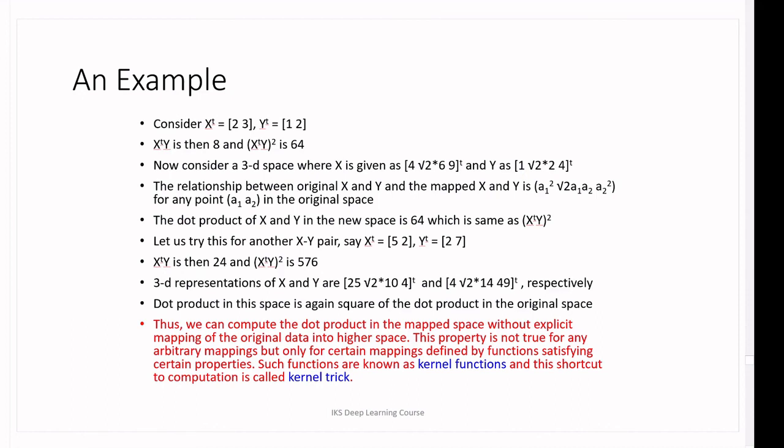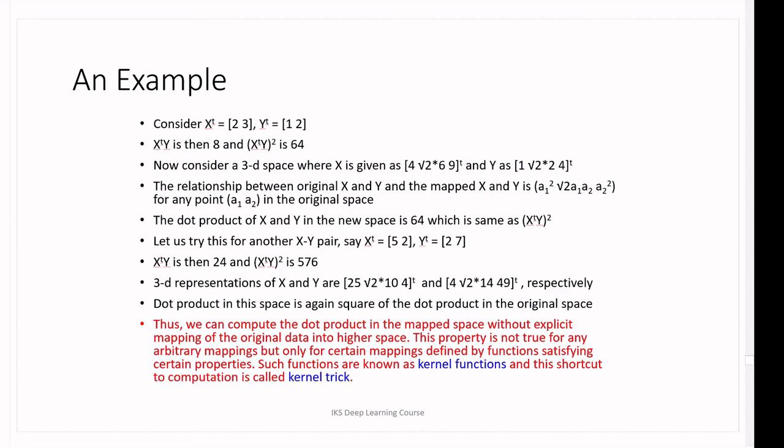If you look at the original x and y and this new 3D space where we have mapped x and y, you can express the relationship as: the first term is a1 square, the second term is the square root of 2 times a1 times a2, and the third term is a2 square, for any point (a1, a2) in the original space. So that's how we mapped x and y into the 3D space.